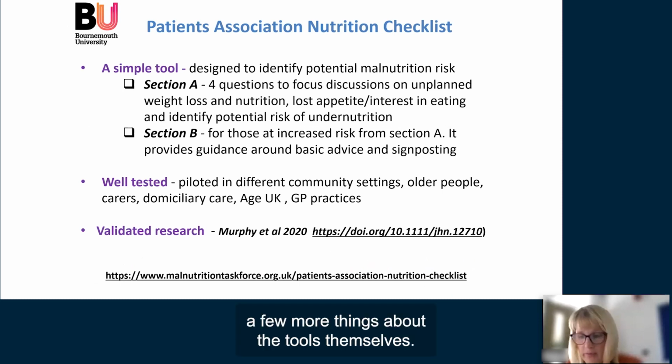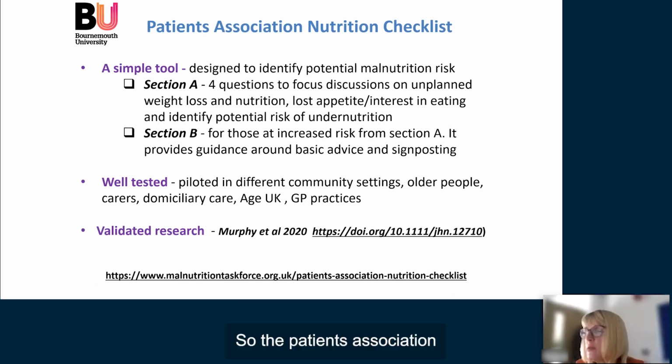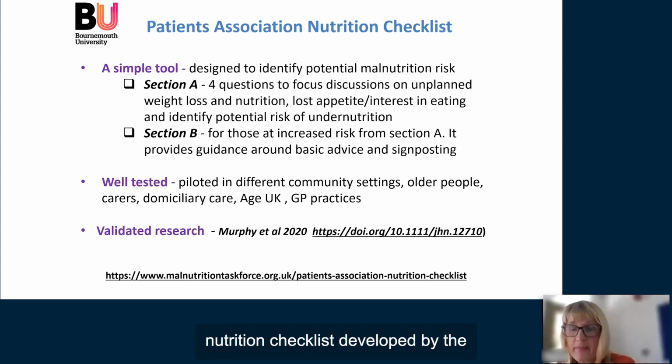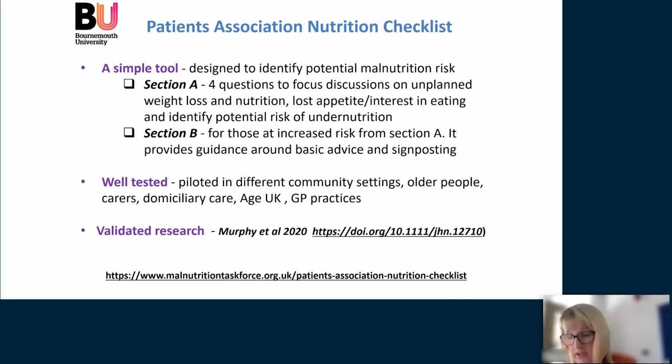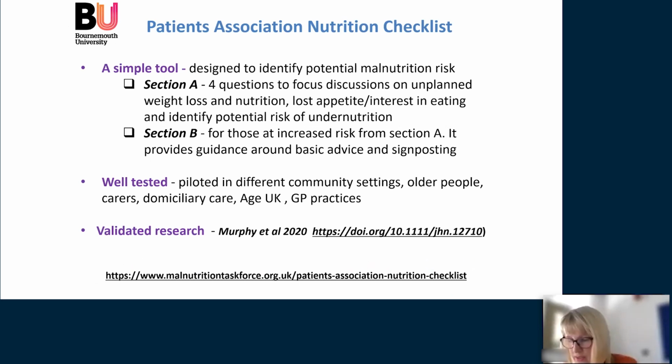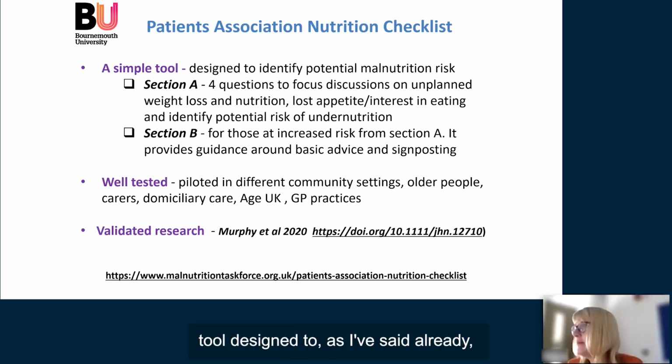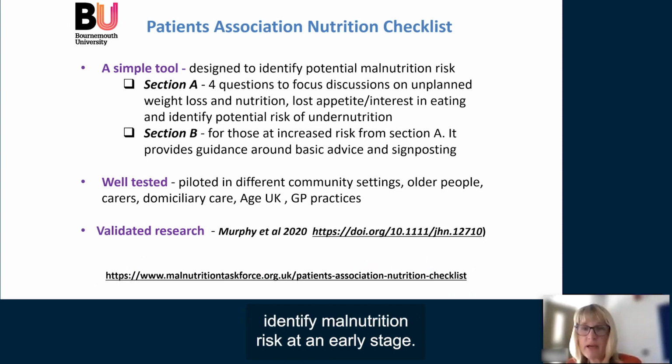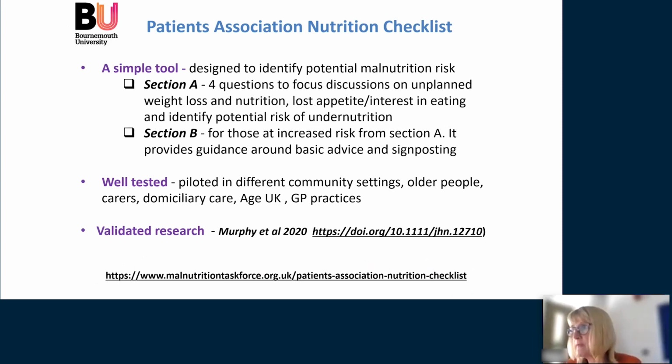So just to say a few more things about the tools themselves. The Patients Association Nutrition Checklist, developed by the Patients Association in collaboration with other organisations, is a simple, straightforward tool designed to, as I said already, identify malnutrition risk at an early stage.